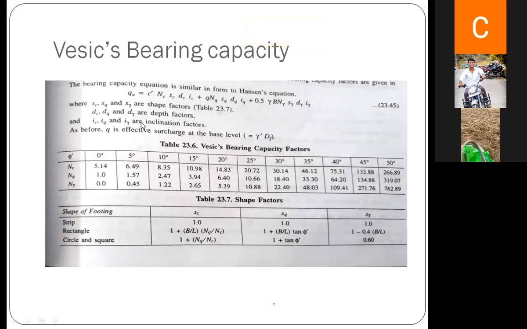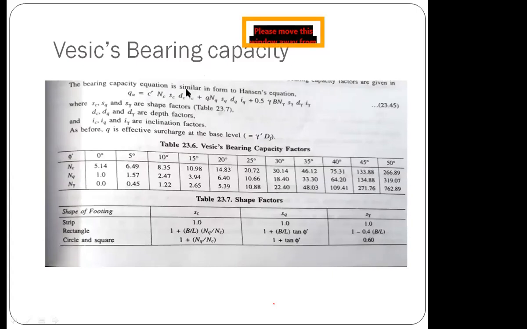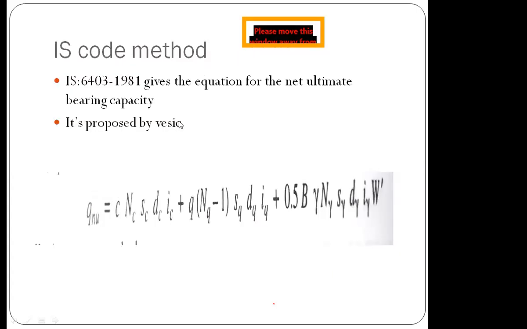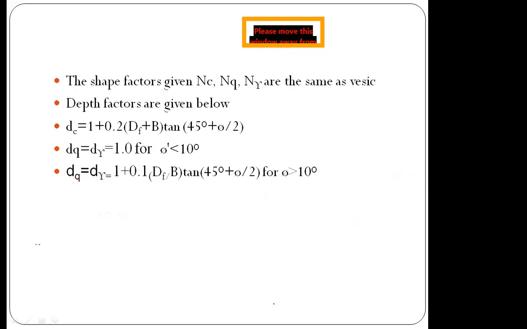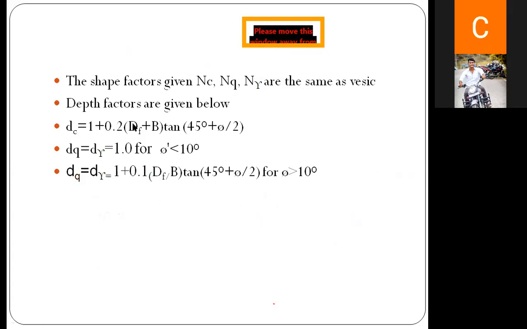For depth factors dc, dq and d gamma, he has not given tables; he has given some formulae. These are the formulae given by Vesic for depth factors.